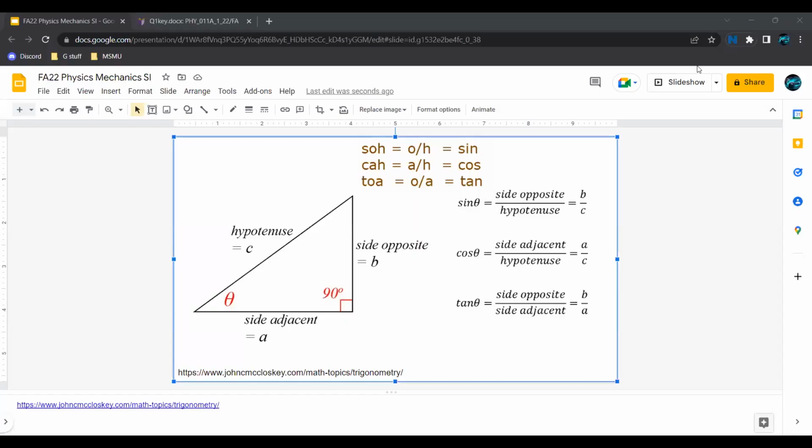Something else that would be useful is remembering that tangent is the same as sine theta over cosine theta.